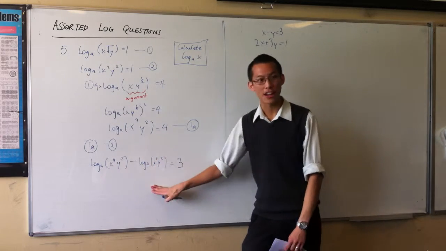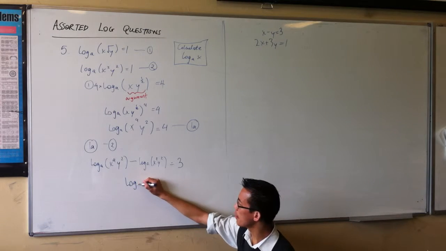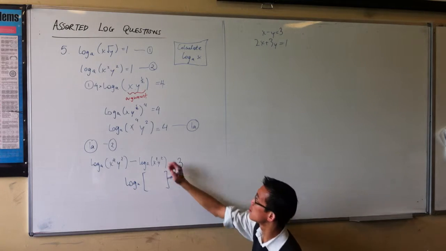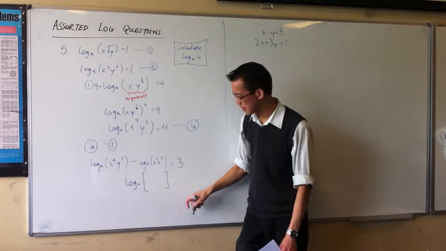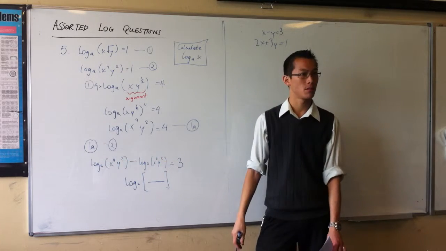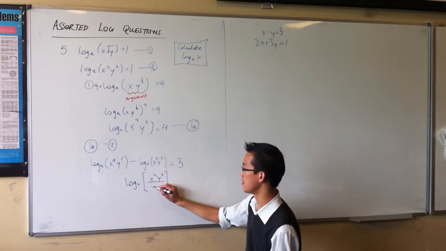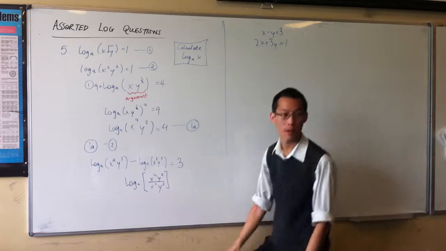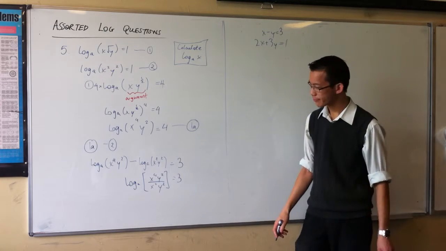Here I said subtraction is equivalent to division, right? So this is equal to the log base a of, and this is why I bothered to introduce the word, right? Subtraction of these log terms means division of the arguments, okay? So this is the first argument, so it's the numerator, and this is the second argument, so it's the denominator, okay? And that's equal to 3.